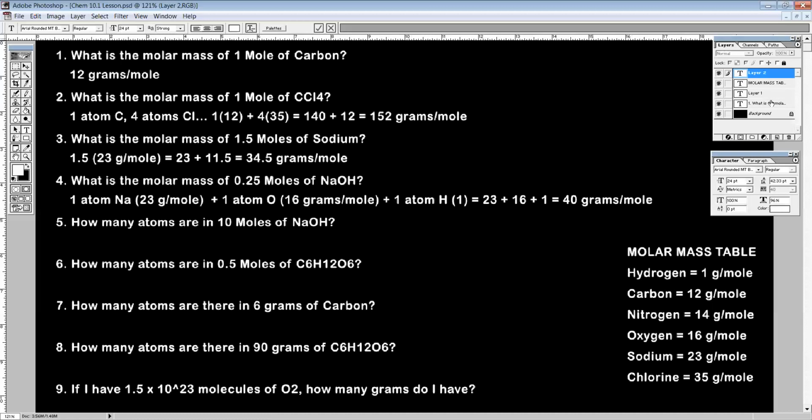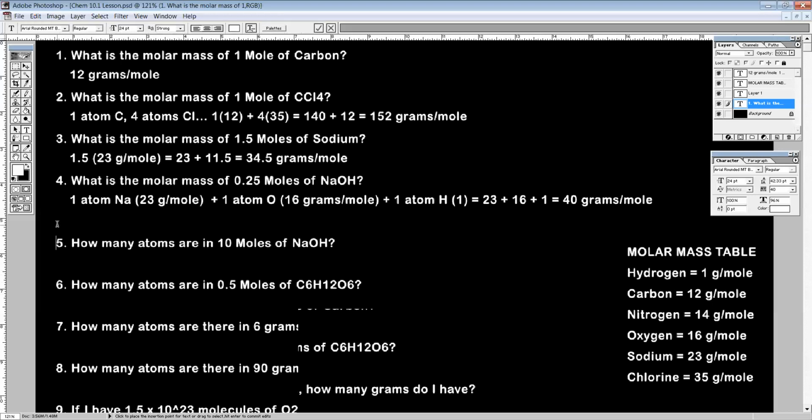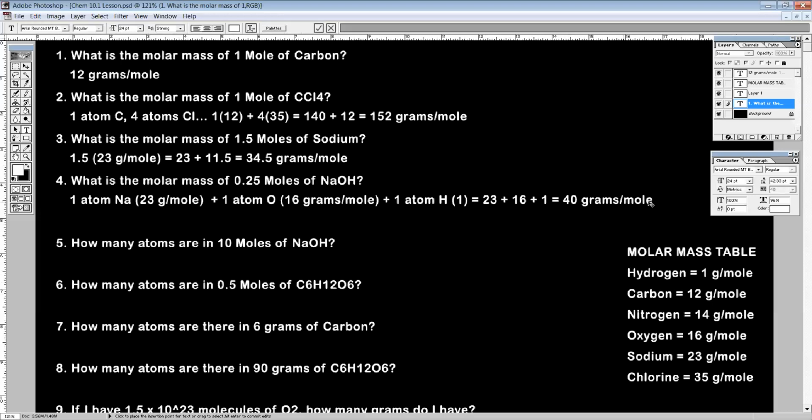Our question in total here was, we only have 0.25 moles. So 0.25 times 40 is going to give us a final answer of 10 grams. 10 grams.